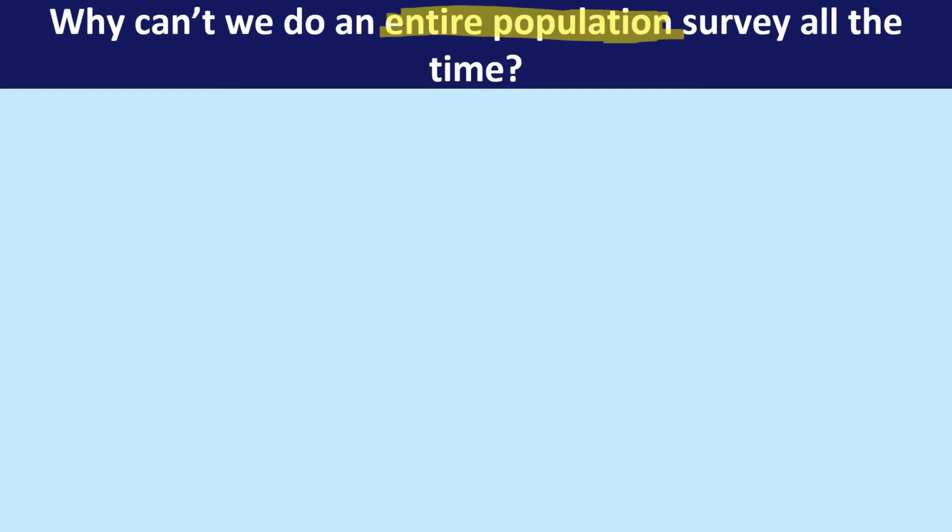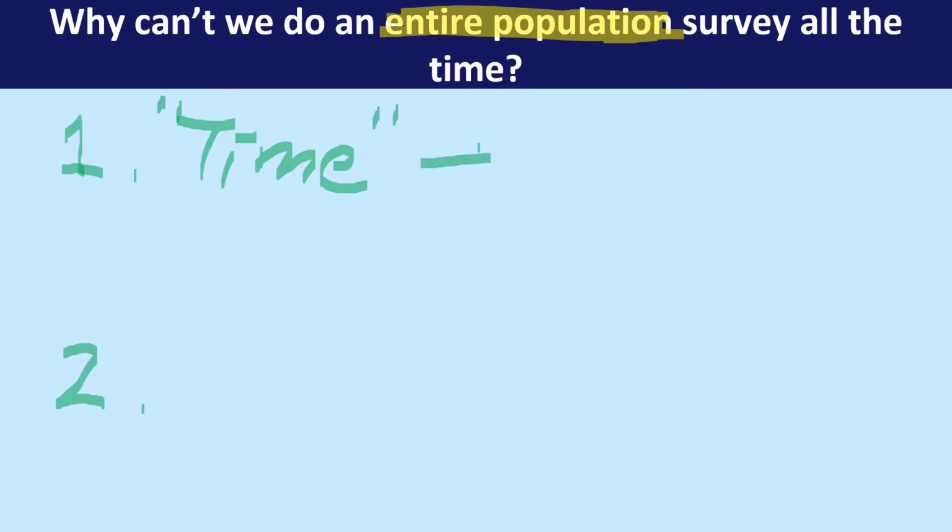Now I assume that you created some possible answers, so I'm going to go through some examples of why it is tricky to do an entire population survey all the time. One situation is this. If you try to target the entire population, time plays a huge factor.